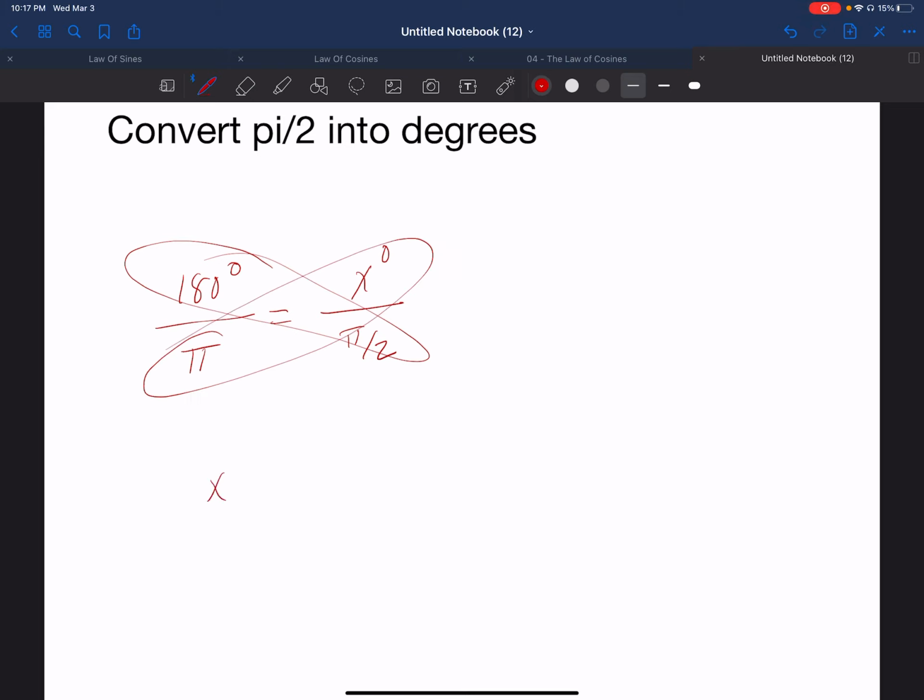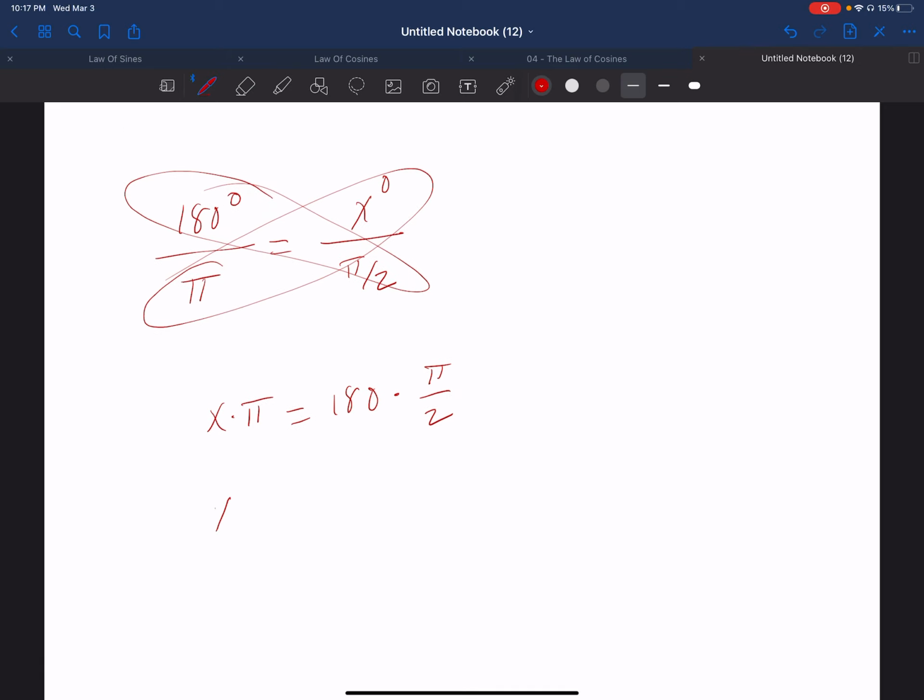Like I said, we're going to cross multiply. I'm going to get x times pi equals 180 times pi over 2. Just to simplify a little bit, I'm going to do x times pi equals 180 pi divided by 2.